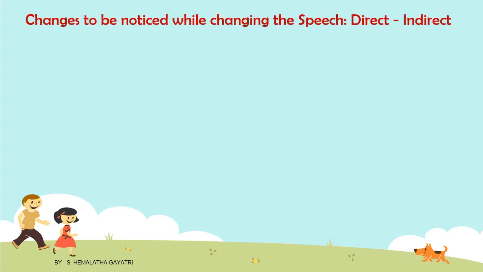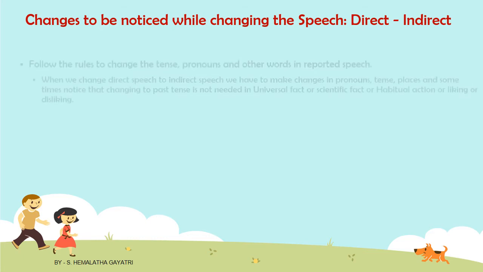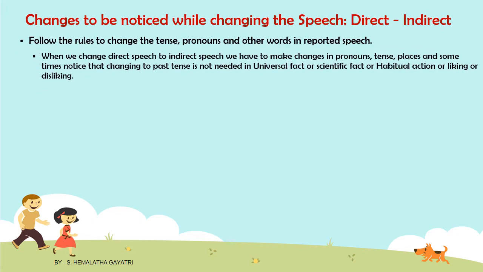There are certain changes which we should notice while changing a sentence from direct speech to indirect speech. So what are those rules? We have to change tense, pronoun and other words in reported speech, like I said in the previous slide. So when we are changing anything said by the speaker into indirect speech, make changes in pronouns, tense and places.